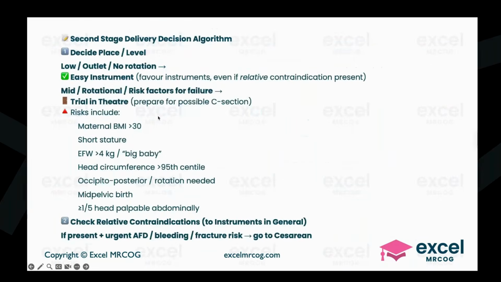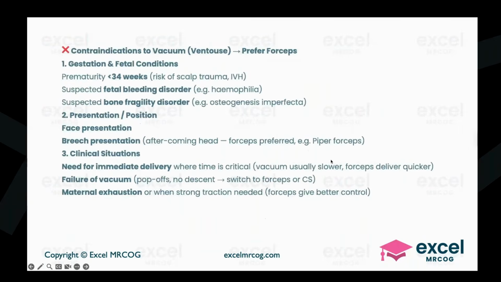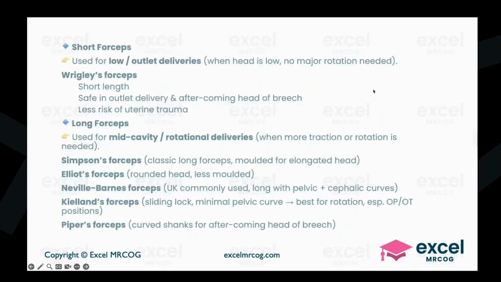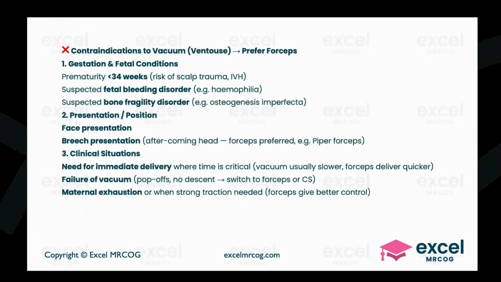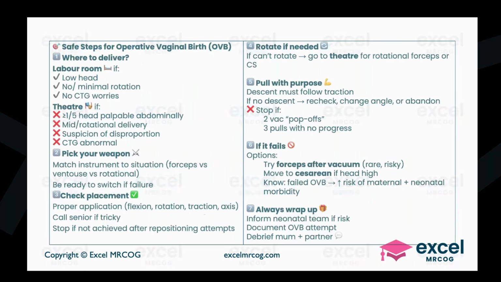So this is my second stage decision making algorithm. What is the first step that you will take when you are considering the delivery? For example, what options will you have?